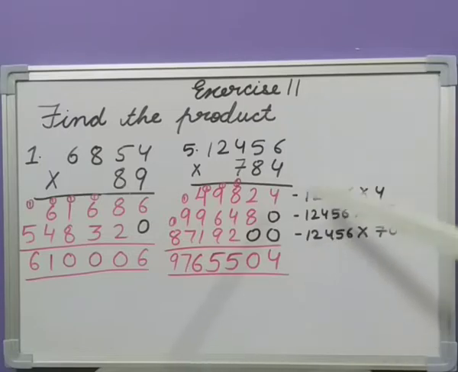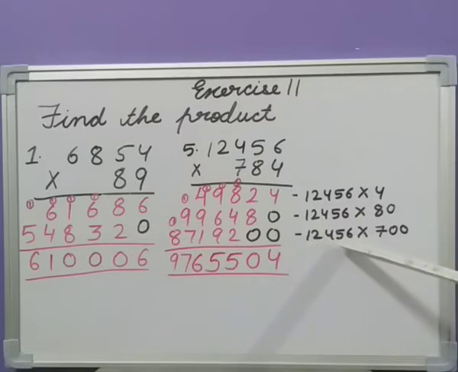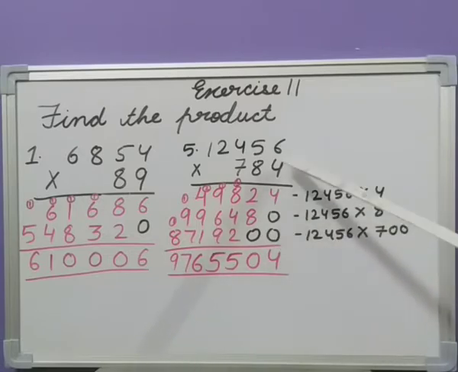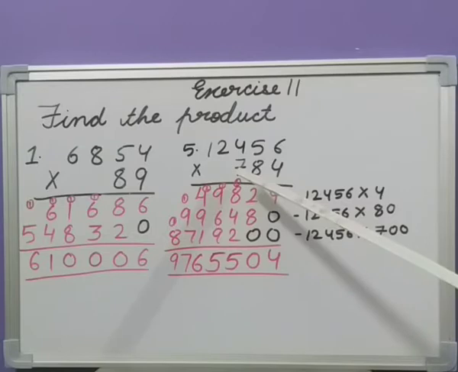After that we will go to the next step, that is we will multiply 12,456 by 700 by putting two zeros here, because we have multiplied ones place, then tens place, and now we are going to hundreds place. So we will multiply it by 7.